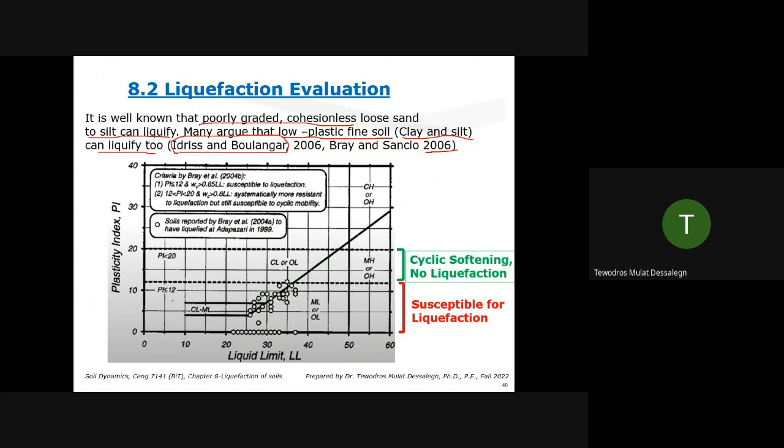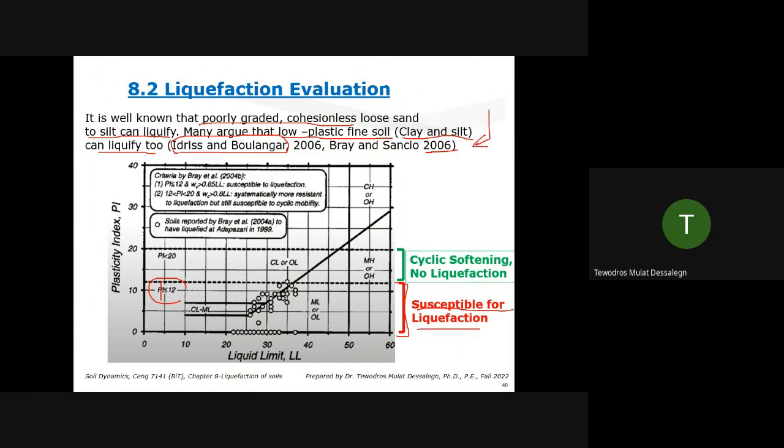So even fine-grained soils with plasticity index within this range, less than 12, can show some liquefaction. It may not be as bad as loose sand, but they can cause some kind of liquefaction. Plasticity index less than 12 we call susceptible to liquefaction based on this study.